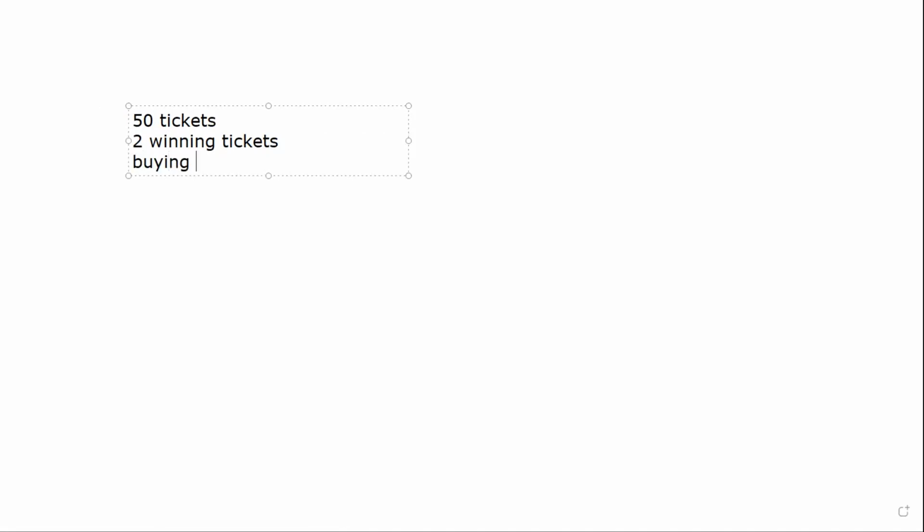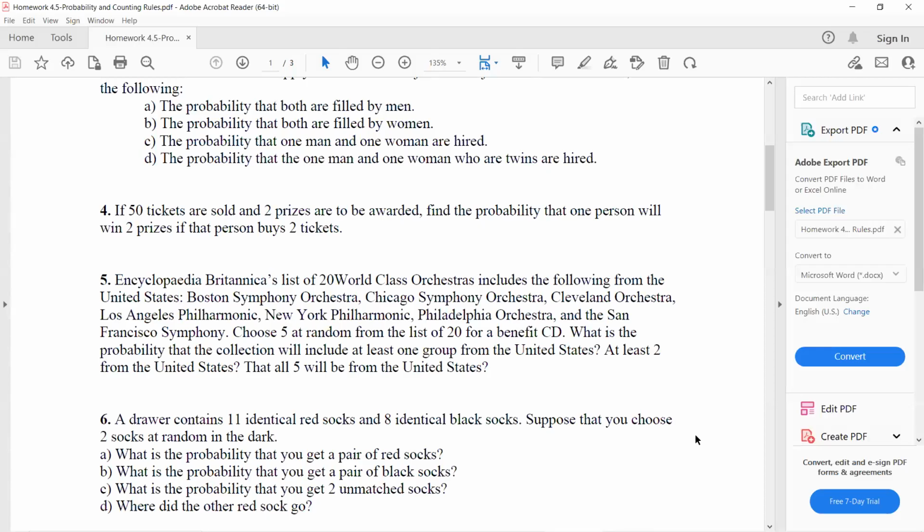Now you want to find the probability that one person will win 2 prizes if that person buys 2 tickets. So you want to find the probability that one person will win both. Probably pretty small, I would imagine. Let's take a look and find out.